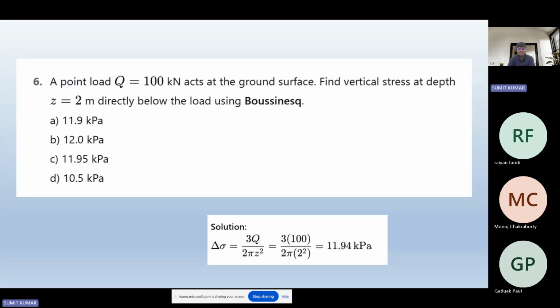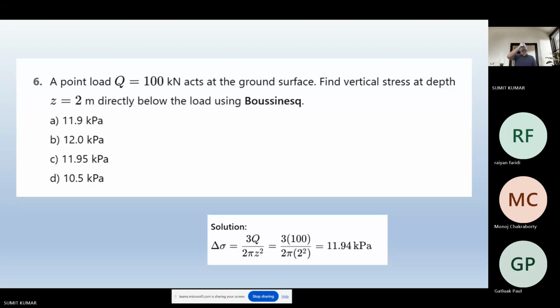For the next question, the solution is also mentioned here. A point load Q of 100 kilonewton acts at the ground surface. Find the vertical stress at depth z equal to 2 meter directly below the load using Boussinesq.